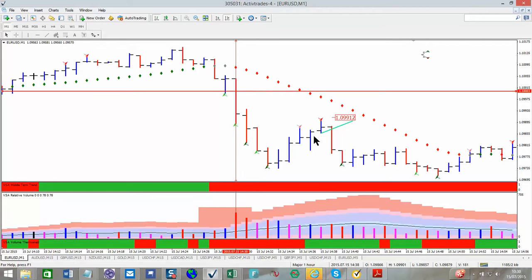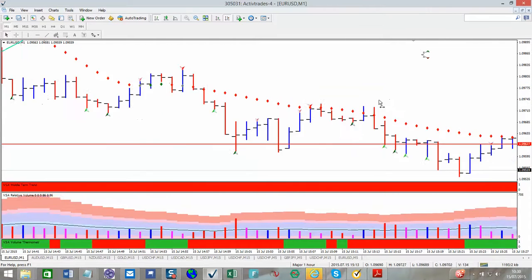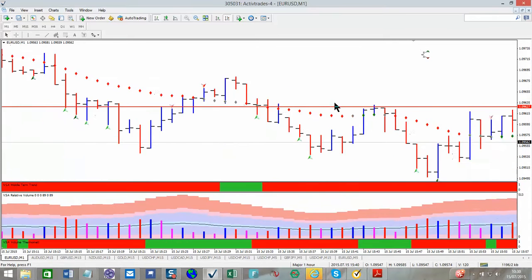So that would have been my confirmed entry for a nice 25, 30 pip move.